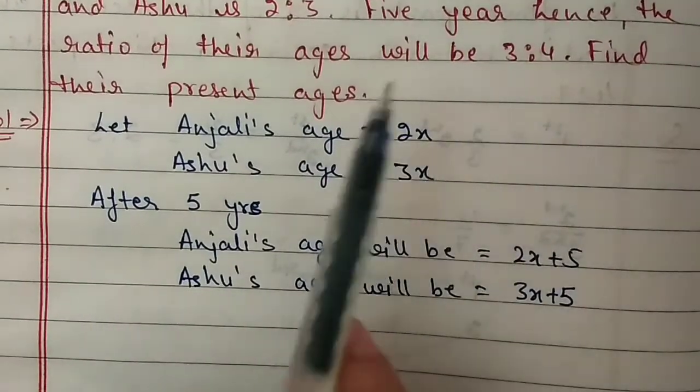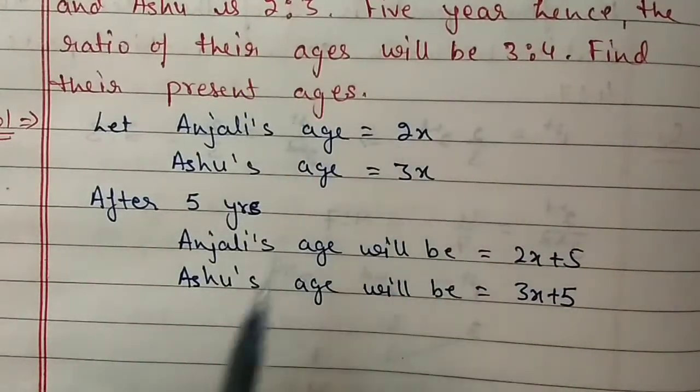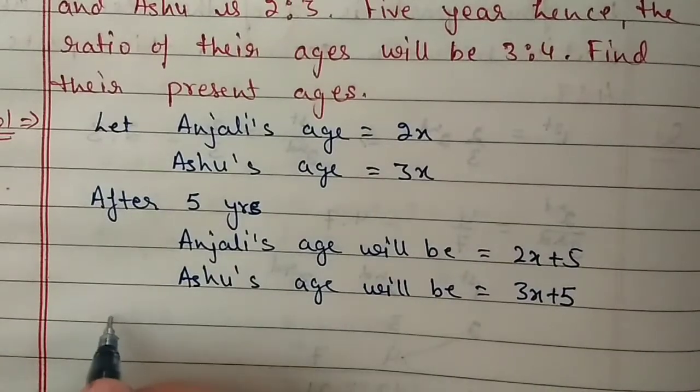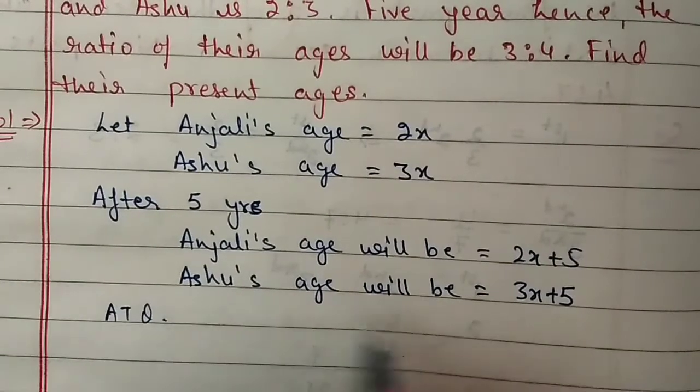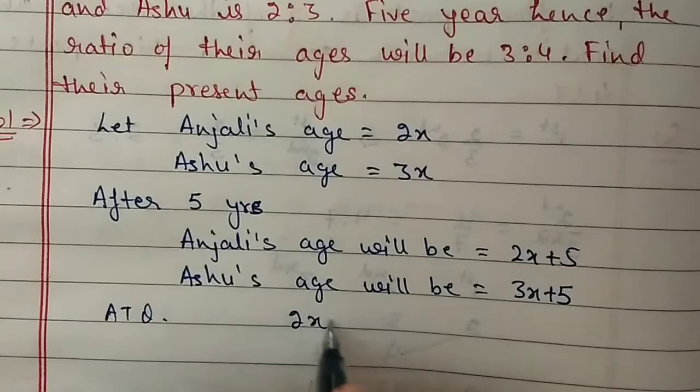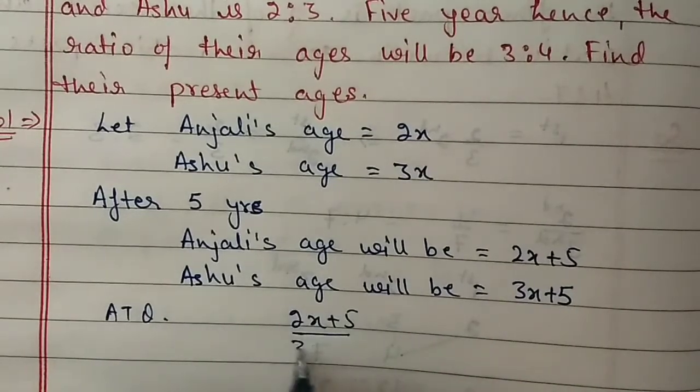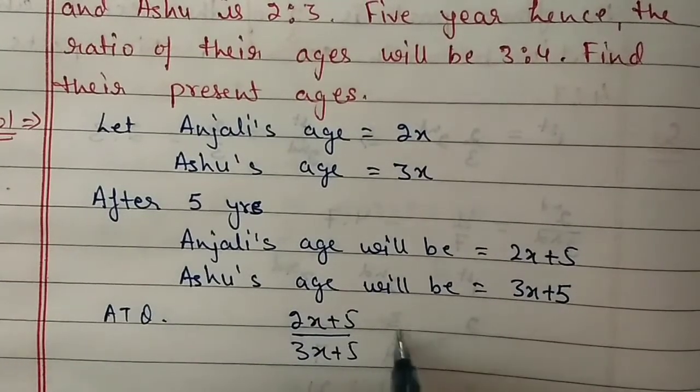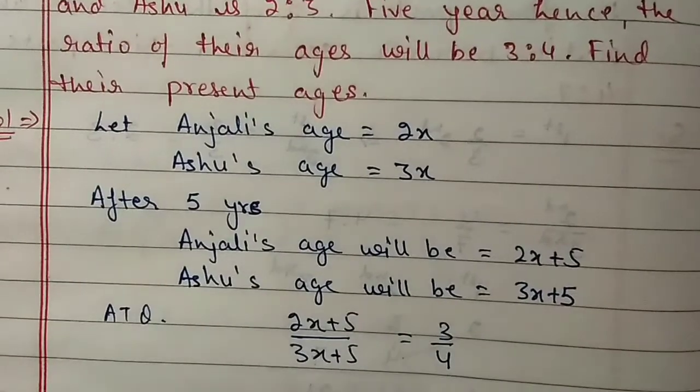Now after 5 years their ratio is 3:4. So according to the question, their ratio is 2x plus 5 and 3x plus 5, which is equal to 3/4.